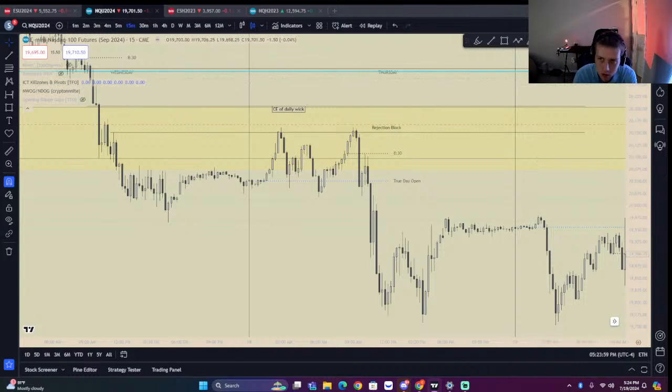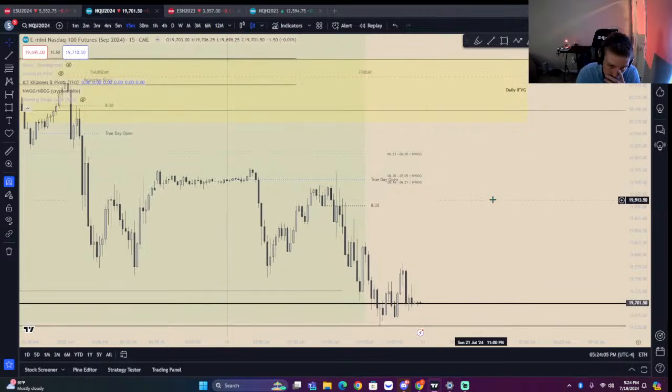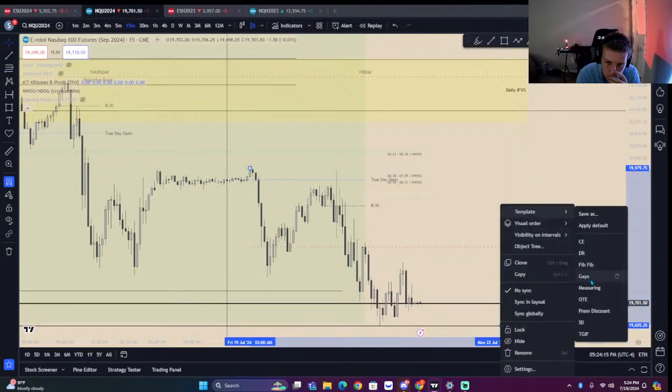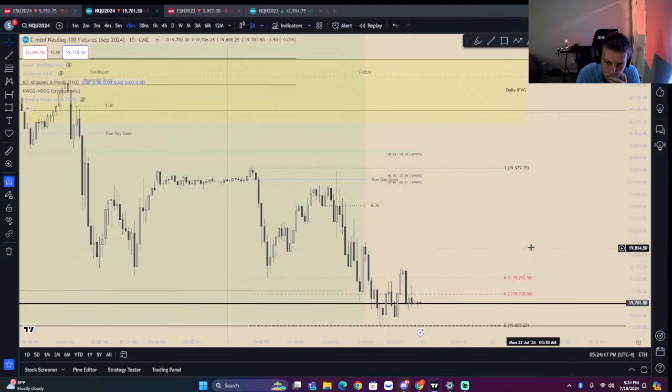Distribution. Here we retrace back into 20 to 30% of the daily range, but not the weekly range.